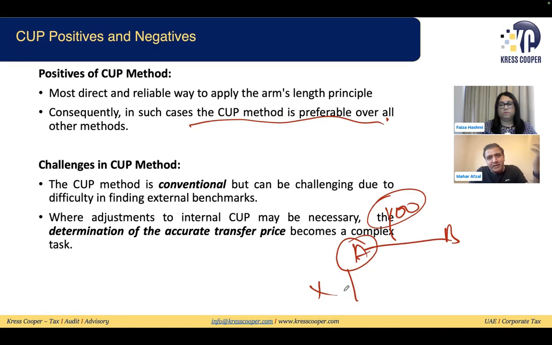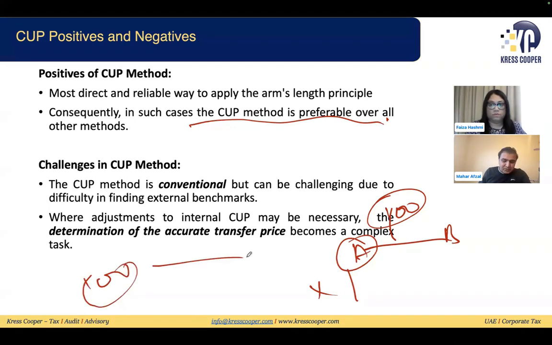Once we go to find the external CUP, we might be able to find it, but before this, we need to ascertain industry, region, volume, quality, quantity, and size of the business, which is very important. If one company has 100 employees and another has 1 million, or 100,000 employees, their prices will be different.